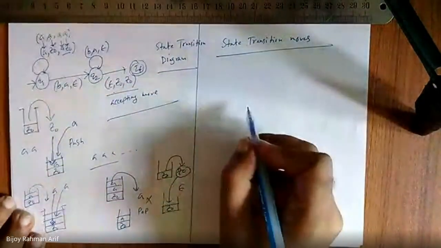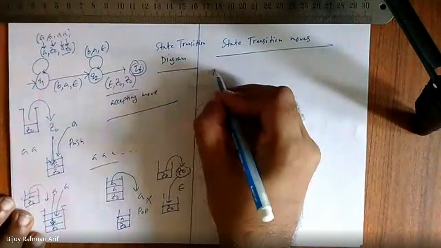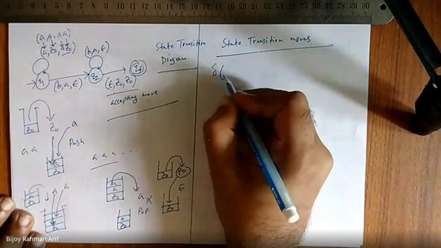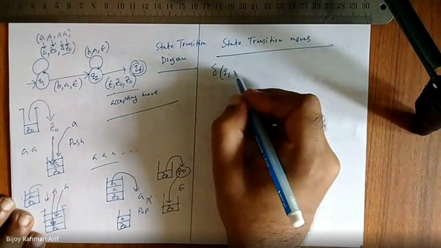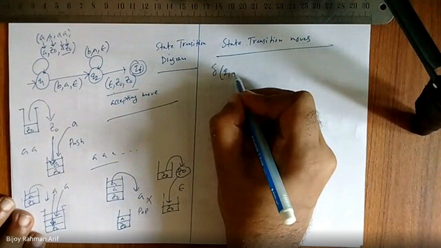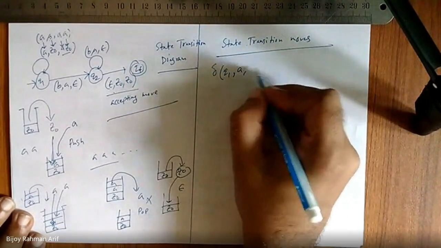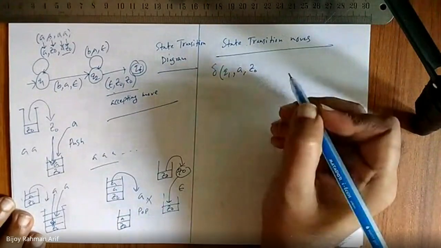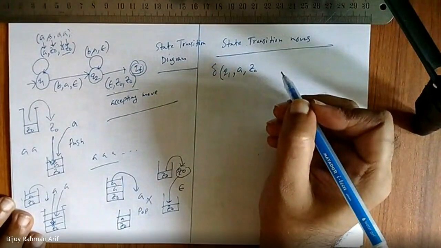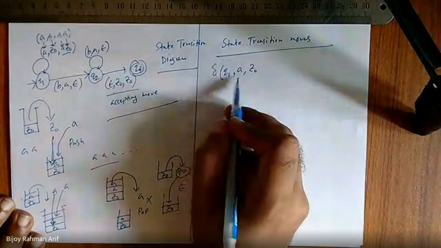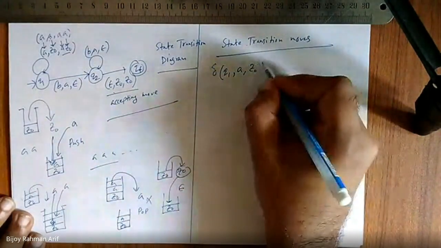So like this. Delta at Q1, buffer input is A, and top of the stack is Z naught. Q1, A, Z naught. So what are we going to do?